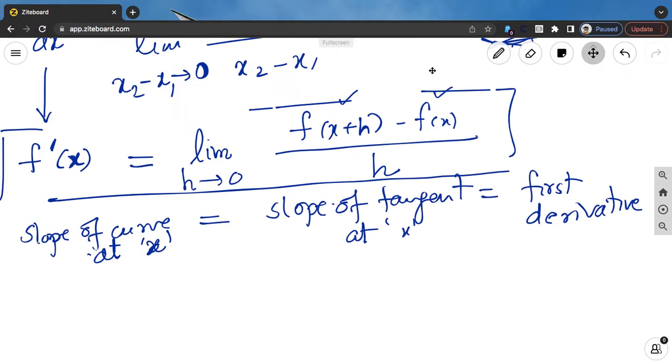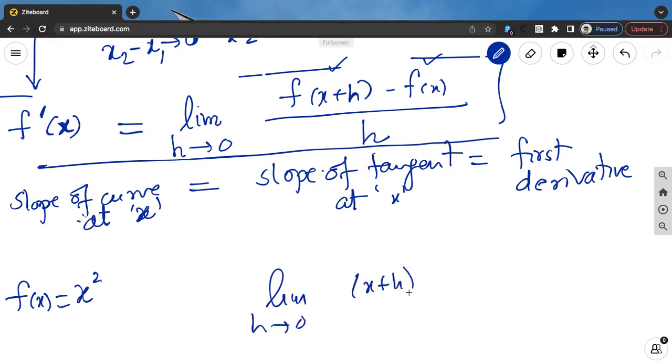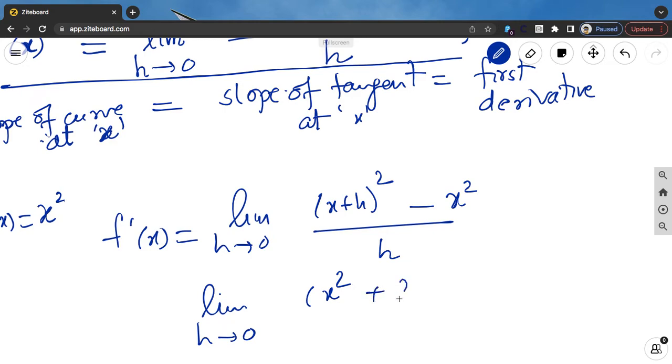Okay, and in the class what you had done is you used this formula for x square. f of x is equal to x square. So you used the formula. You said limit as h tends to 0, x plus h the whole square, it's a squaring function, right, minus x square upon h. You expanded the bracket and you proved that the derivative of this function is given by 2x.